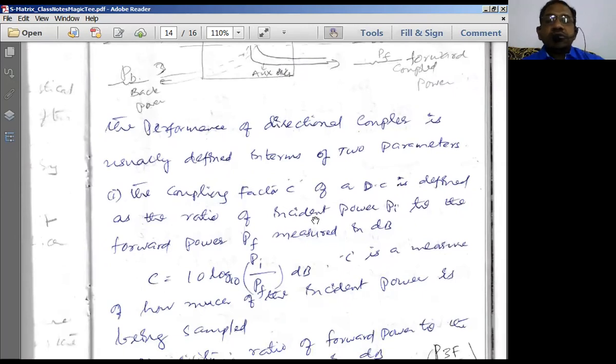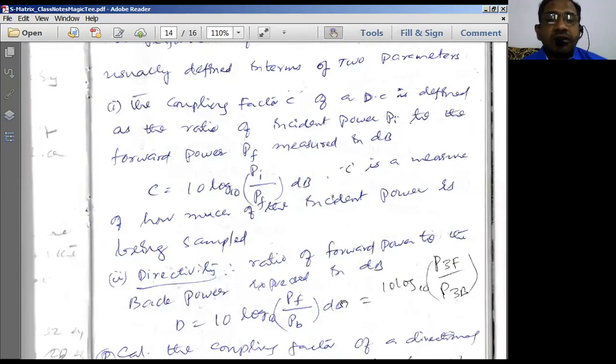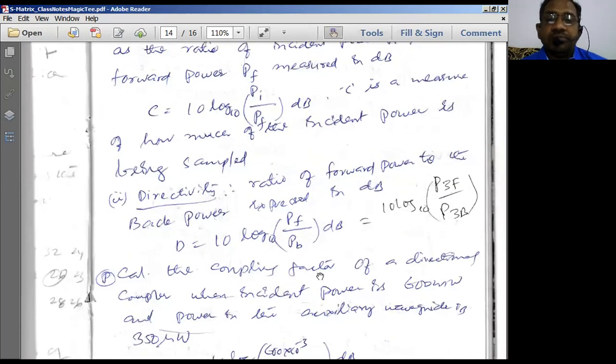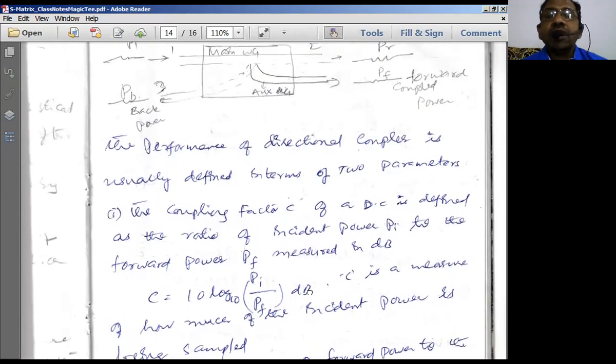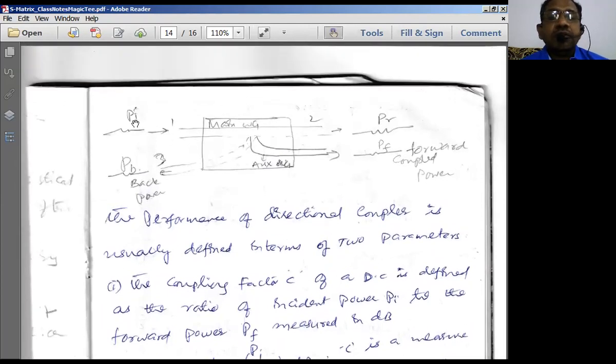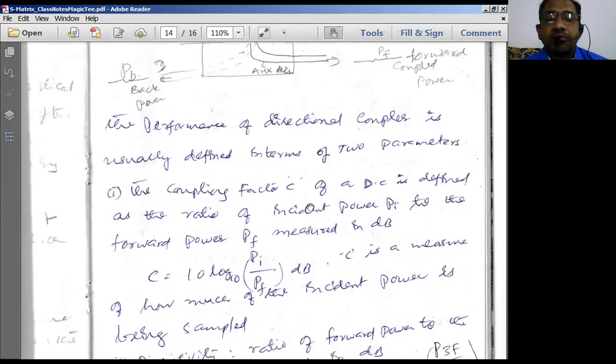The performance of a directional coupler depends on two parameters. One is the coupling factor, and the next one is the directivity. Coupling factor is defined as the ratio of the incident power to the forward power. If port 1 is the incident power, the port 4 output is the forward power port.